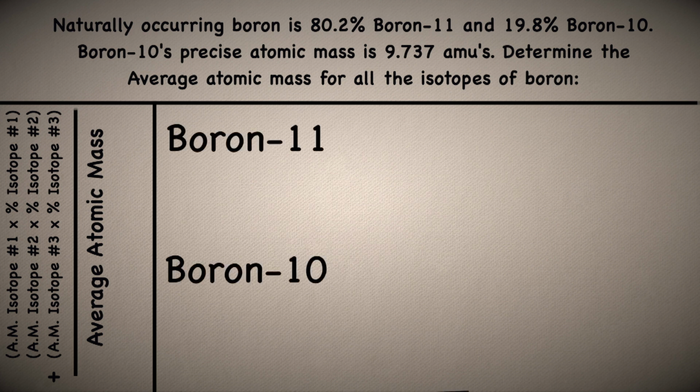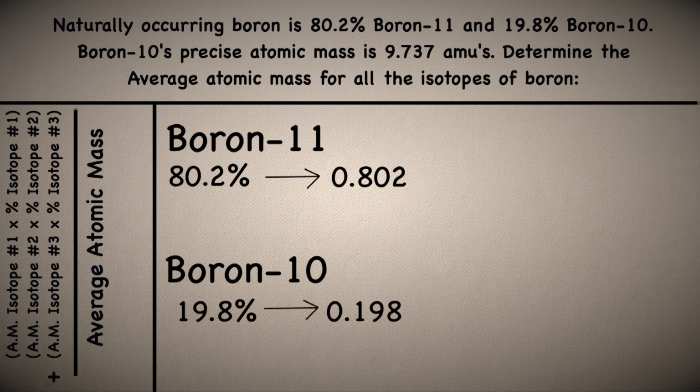First we're going to convert our percents to decimal numbers, because we can't just multiply our percents in there. So our 80.2%, we move our decimal place to the left 2 places, and that gives us 0.802. And our 19.8%, moving the decimal 2 places to the left, gives us 0.198.